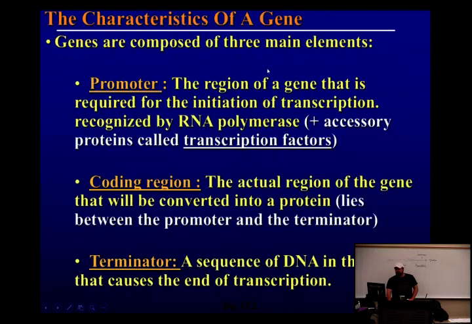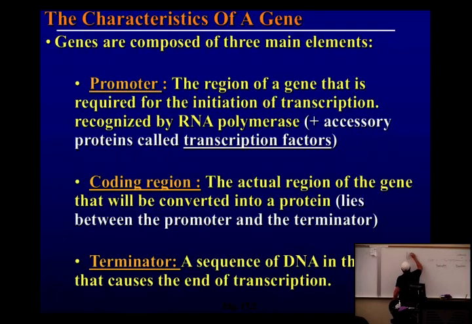All right, so I'm just going to revert back to the terminology that you guys are probably used to, and we're going to call an allele a gene just for this chapter. All right, so what are the characteristics of a gene? So let's say that we have chromosomes, right? And let's say that this gene is for eye color, and this particular one is for blue eyes, so it doesn't make anything, it's defective.